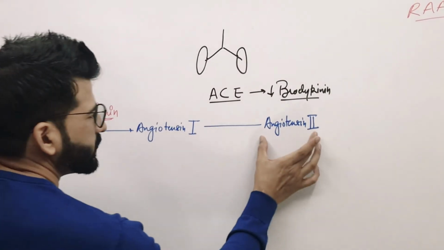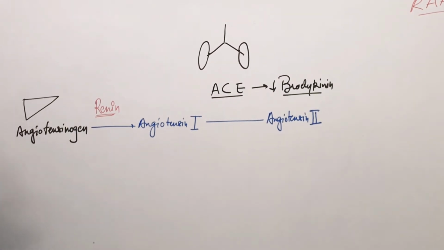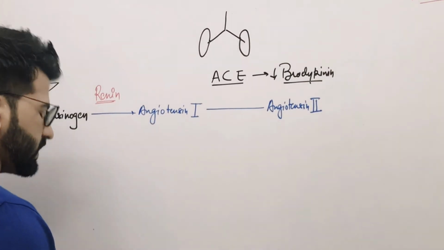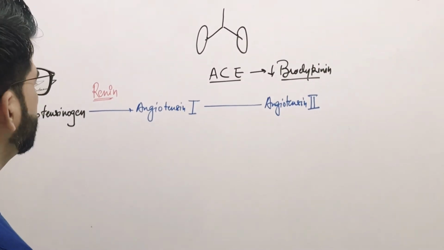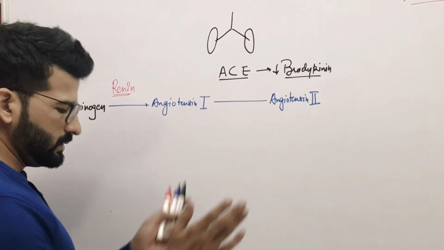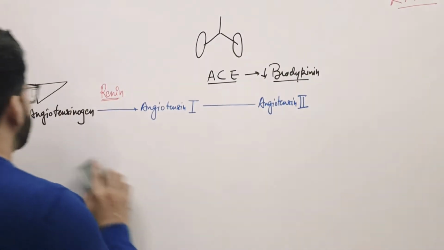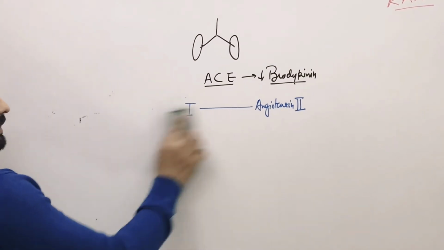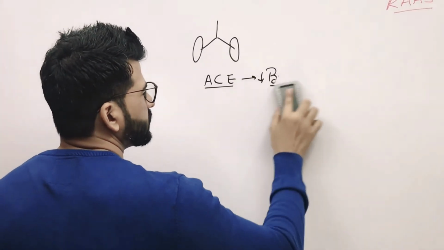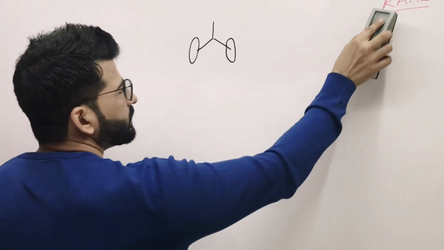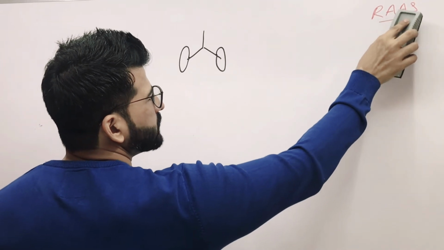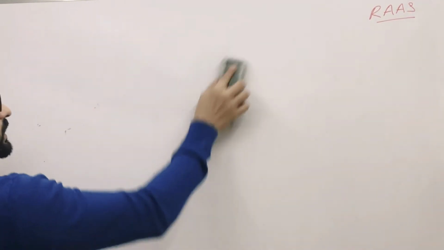Okay, so now angiotensin 2 is formed. Now this angiotensin will work on different aspects in the body to increase the pressure or the blood volume. So now the topic is shifted from renin, angiotensin to aldosterone. We have reached angiotensin. Now what is angiotensin doing to produce the aldosterone?